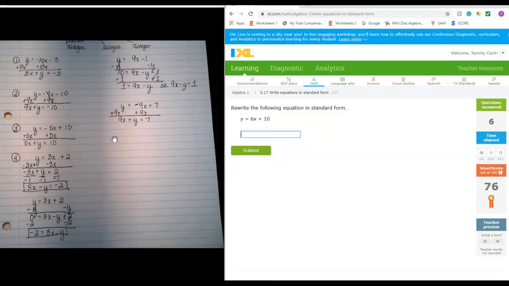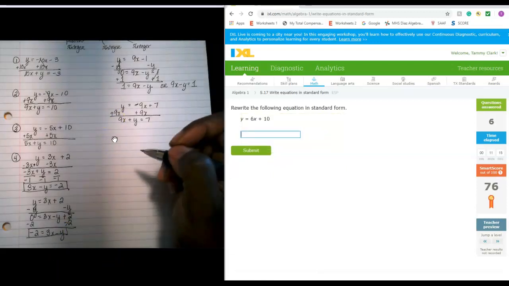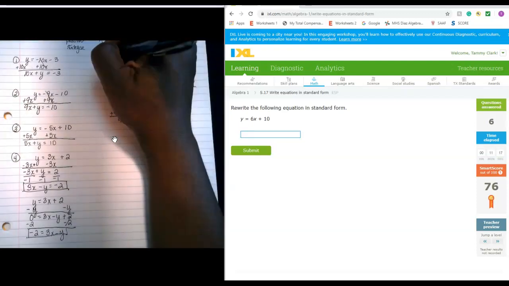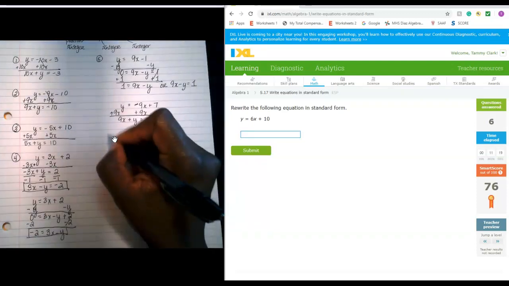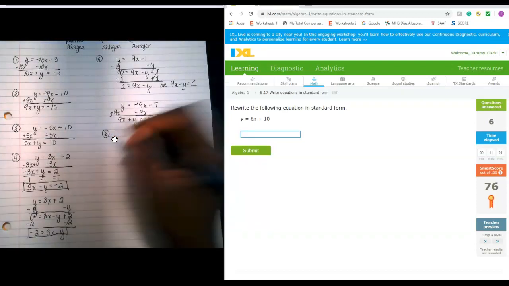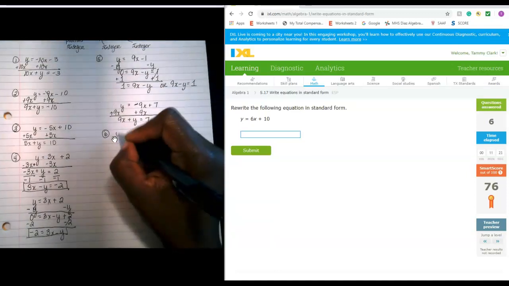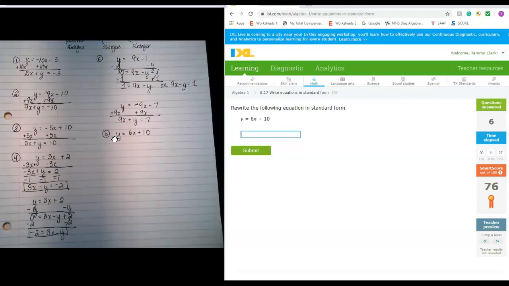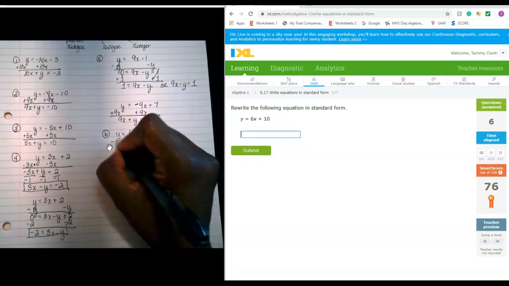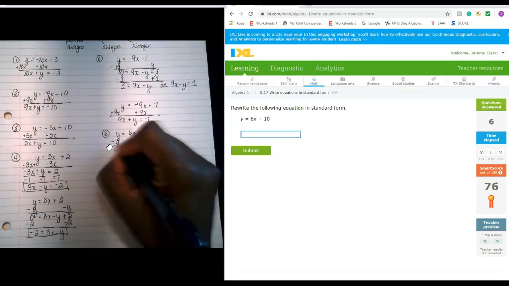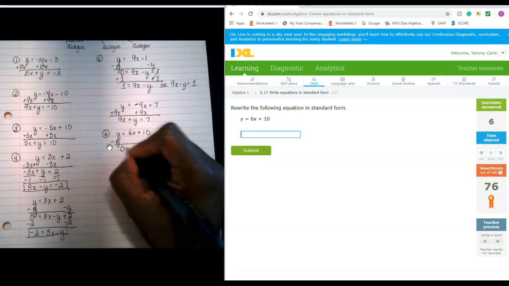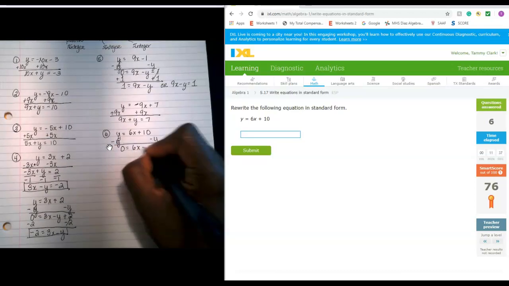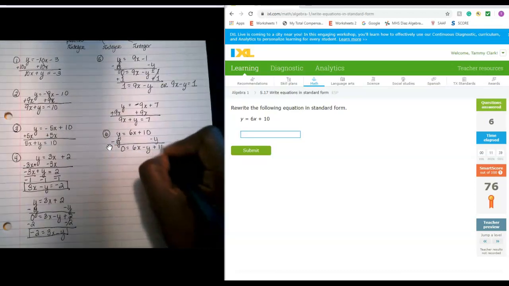Let's move right along. This time, we're going to do question number 6. And we've got y is equal to 6x plus 10. Well, we want to keep the 6x positive, so subtract y from both sides of the equation. We've got 0 is equal to 6x minus y plus 10.